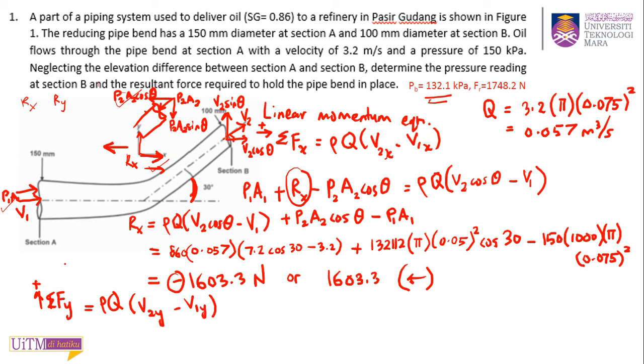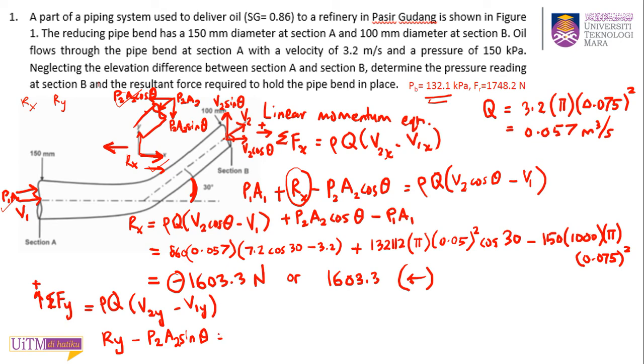So in y direction, what do you have? You don't have P1 A1, you have Ry. And you have this P2 A2 sin theta, acting downwards against your reference point. This means you will minus P2 A2 sin theta.